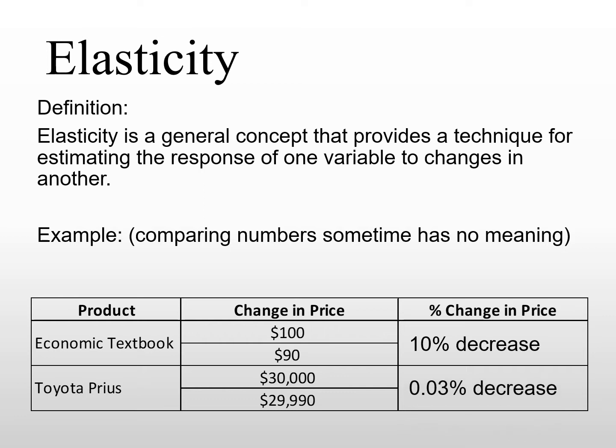When the price of the Prius changes by $10 from $30,000 to $29,990, it only accounts for a 0.03% decrease in price. So to capture the responsiveness of these changes, it is difficult to study the change in prices or quantity directly. We have to find a measurement that gives us more standardized measures of these changes, and therefore, the percentage change in price might be a better measure.